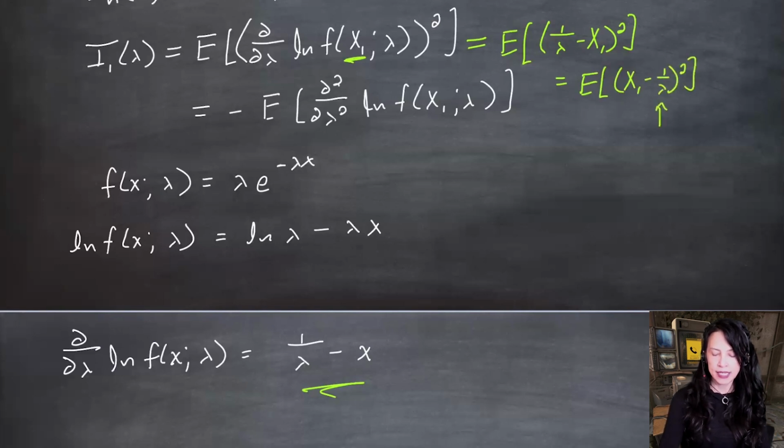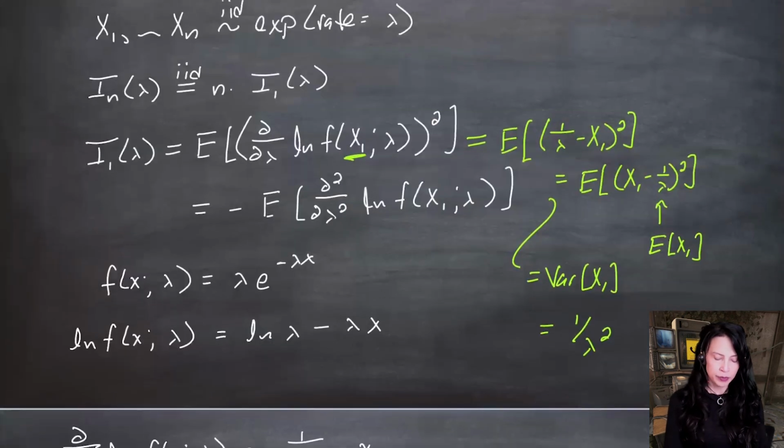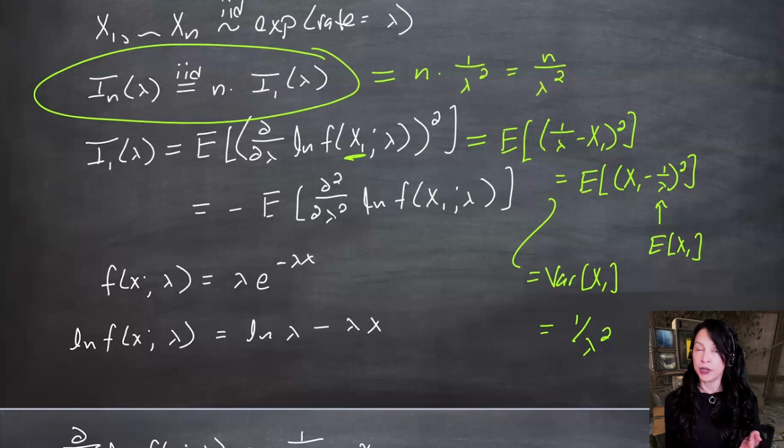But this is the mean for the exponential. So this whole thing is the variance for the exponential. And that is 1 over lambda squared. So going back up here, the n-dimensional Fisher information is n times 1 over lambda squared. It's n over lambda squared. And that's what we got before when we did this the long way. And that's the denominator for the Cramér-Rao lower bound.